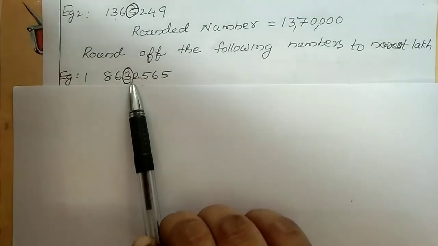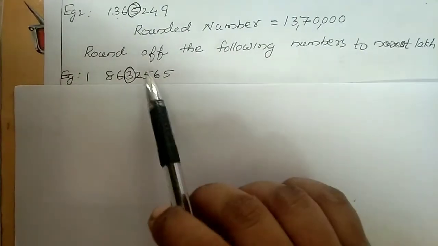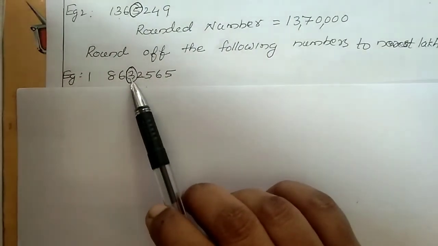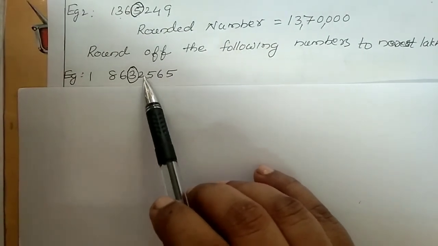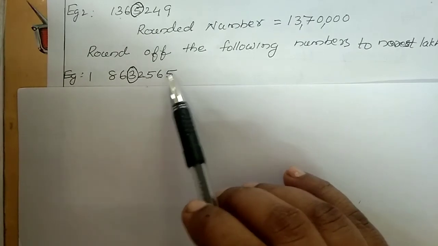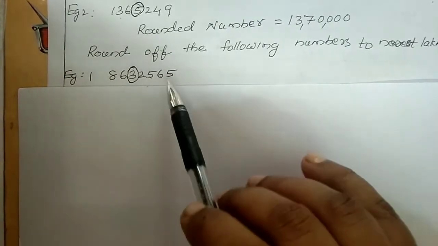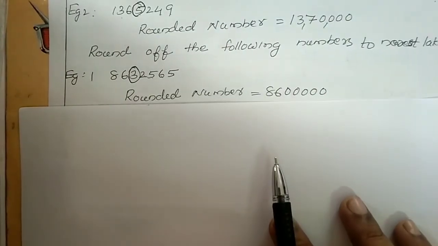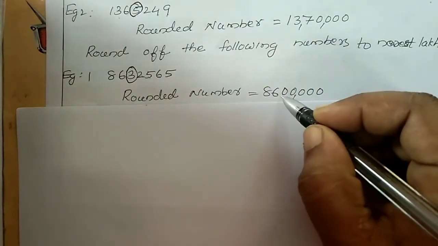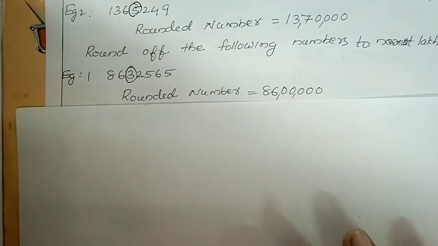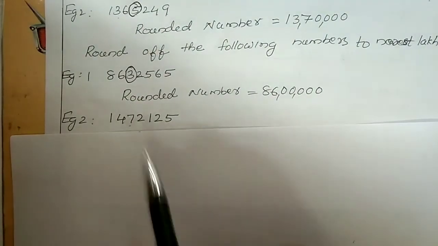So what is our round off to the nearest lakh? Simply you put 5 zeros here to replace 3, 2, 5, 6, 5. Here you put 5 zeros. Okay. So the rounded number is 86 lakh.